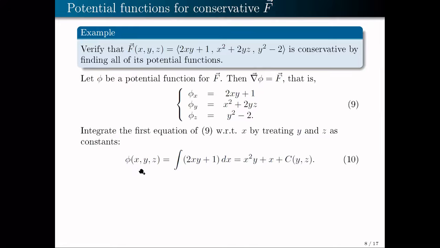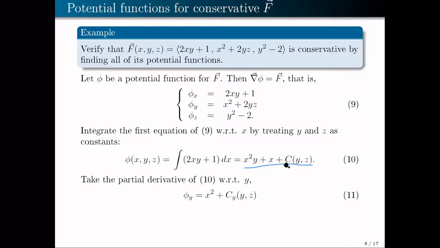Now let's compute phi sub y by taking the partial derivative of what we obtained with respect to y. So we have phi sub y equals x squared plus 0 plus c sub y, because c is a function of two variables y and z. Again, we have obtained two expressions for phi sub y.